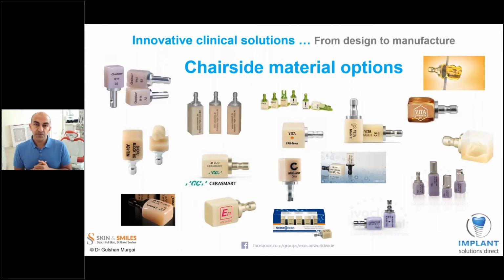Here you can see on the screen just a whole host of different materials that are available right now. In the middle of the section are what I would consider to be the most innovative. These are mainly hybrid materials, but all of these different materials that you see are blocks that are available for different machines.